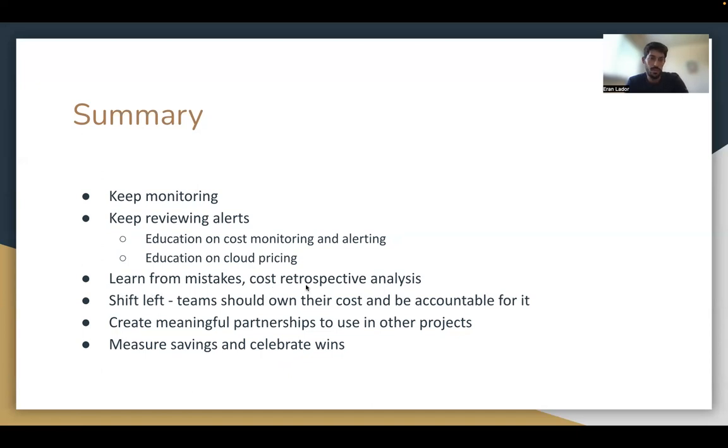We would like to do some cost retrospective analysis on such spikes. Shift left, as I said: teams should own their cost and be accountable for it. As FinOps, we want to take this opportunity to create meaningful partnerships that we could also use in other projects in the future, and then measure savings and celebrate wins.